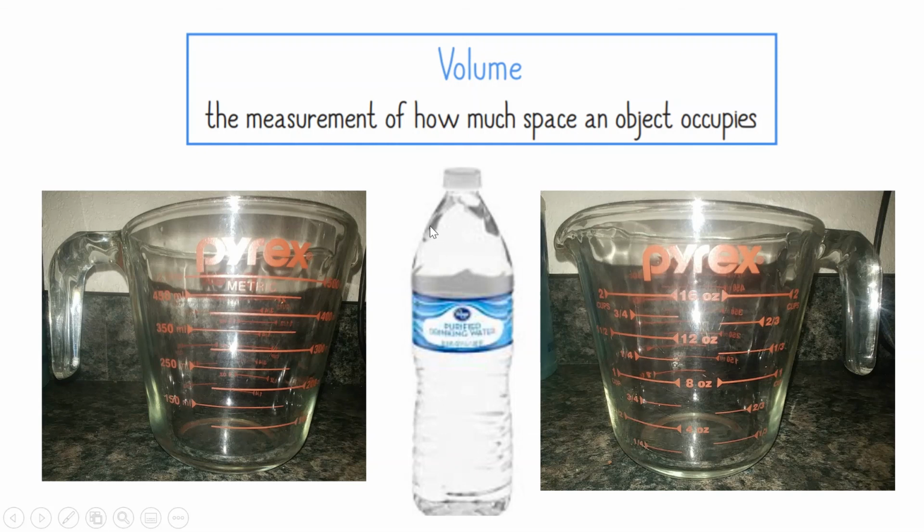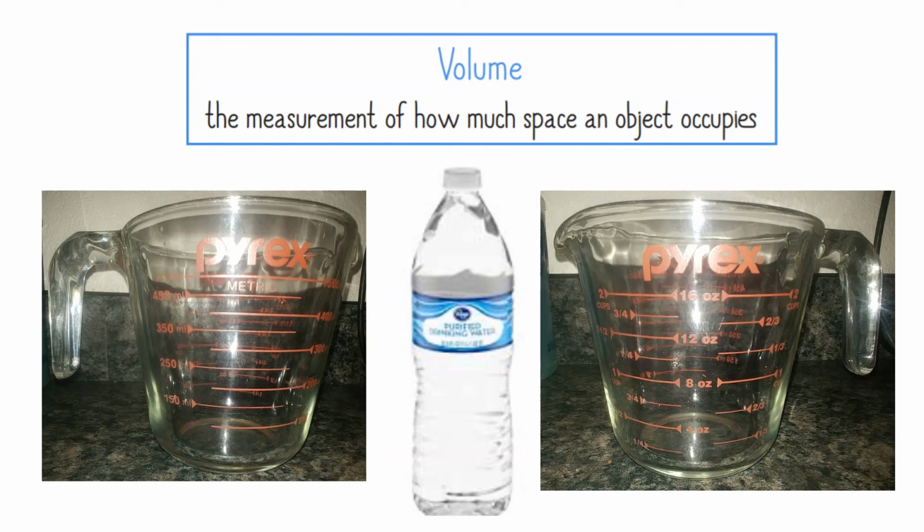Here, if I were in class, I would be showing you a drink bottle, and I would point to the printed measurement on the label. You can't see it, but I have an empty one because I already did my little assignment with the water bottle.